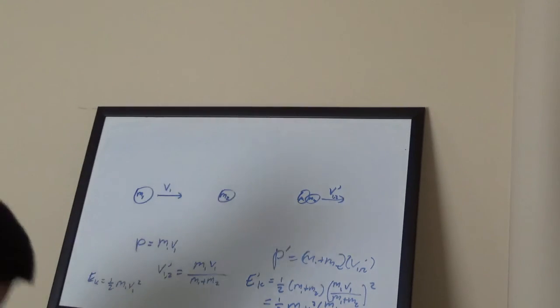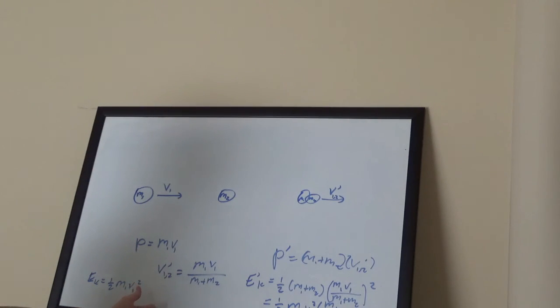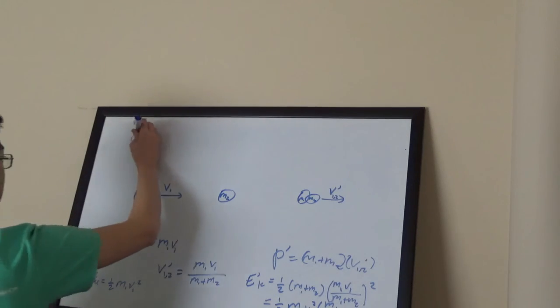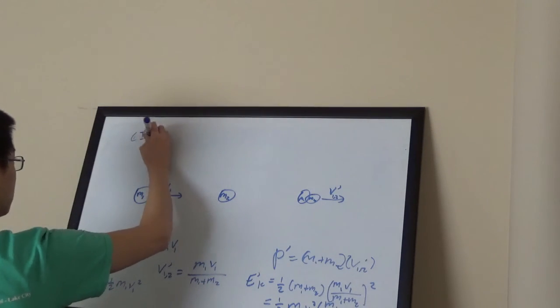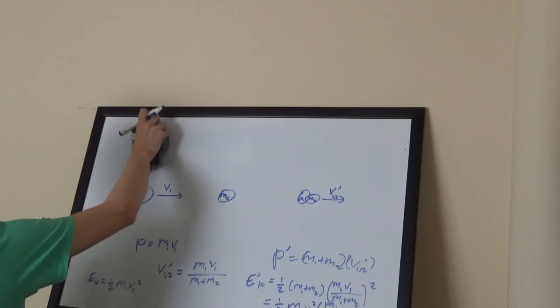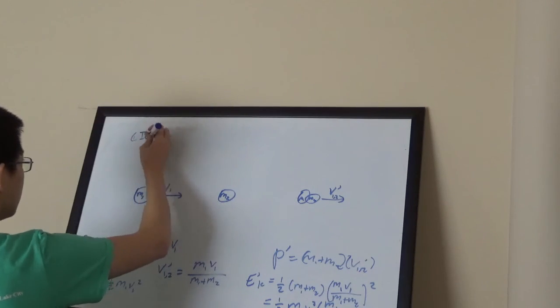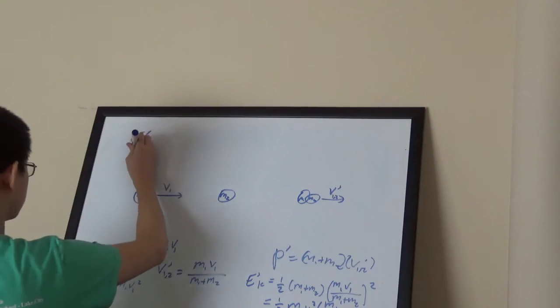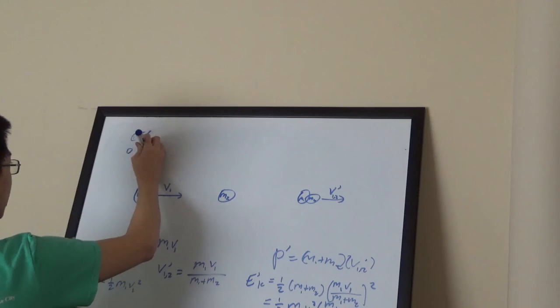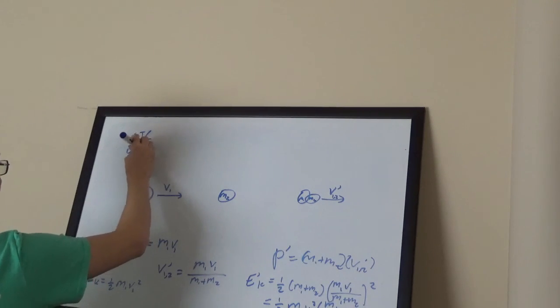Okay, but why? Why is this energy less than this energy? Well, first, I'm going to classify this collision as a completely inelastic collision. Completely inelastic collisions, CIC, are going to have multiple objects, maybe like two, and they move.